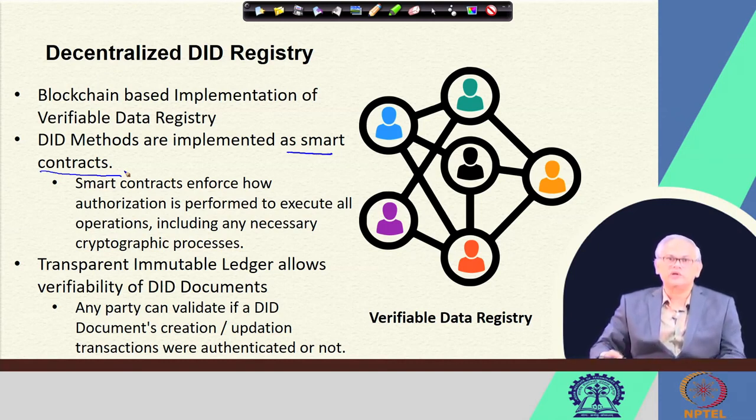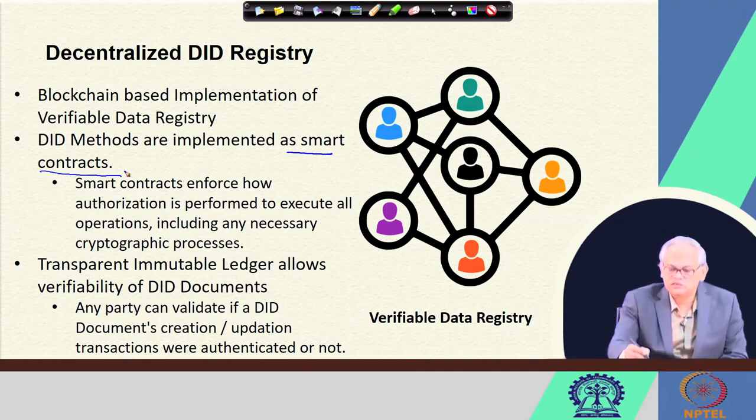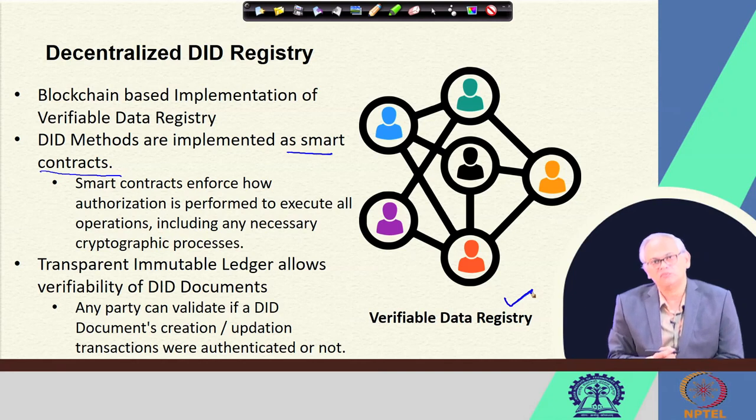And it is a transparent, immutable ledger that would allow the verifiability of the documents. Any party can validate whether a DID document's creation or updating transactions were authenticated, that indeed it was carried out by the proper controller, and that it was properly signed digitally by this particular controller. So, this verifiable data registry, as shown here, can indeed be implemented by making use of blockchain.